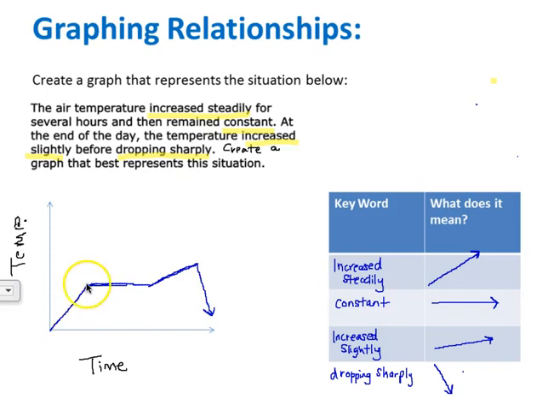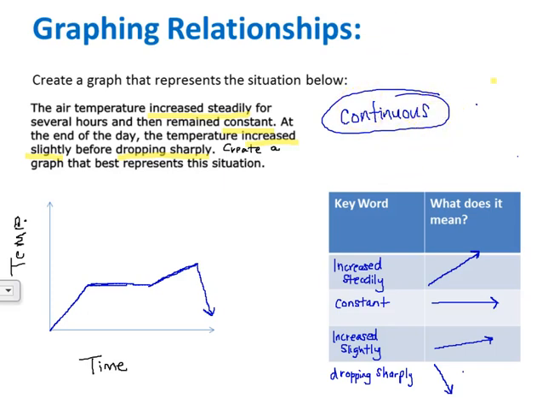There's no gaps, there's no holes in this graph. Because there's no stopping points, it's one continuous line, we call this a continuous graph. So this would be an example of a continuous graph.